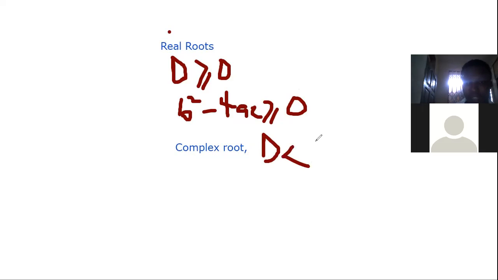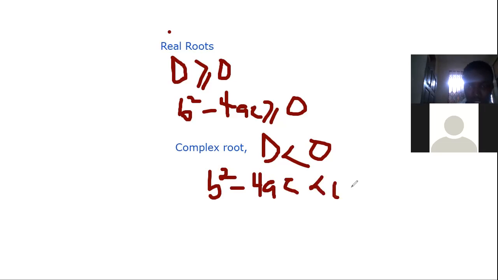So when we get negatives, it must be less than 0, then it means it's a complex root. That means b squared minus 4ac must be less than 0. So in other words, you can say that b squared is less than 4ac.